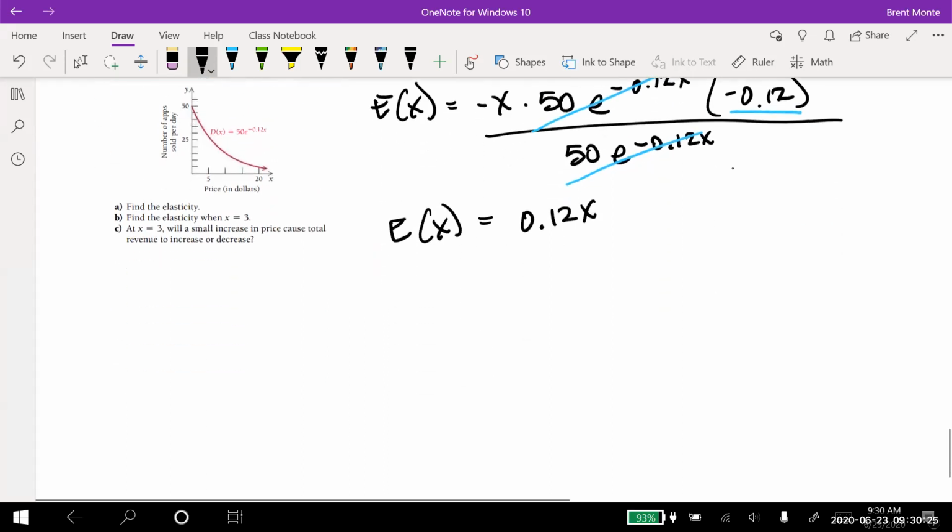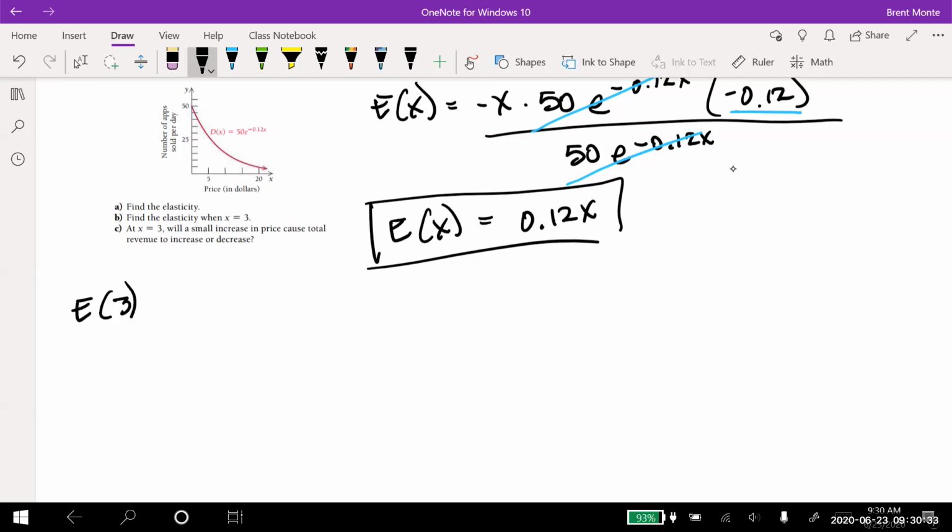So there's my elasticity. It says find the elasticity when X equals 3. Well, E of 3 equals 0.12 times 3, which we can do in our head. That's 0.36.